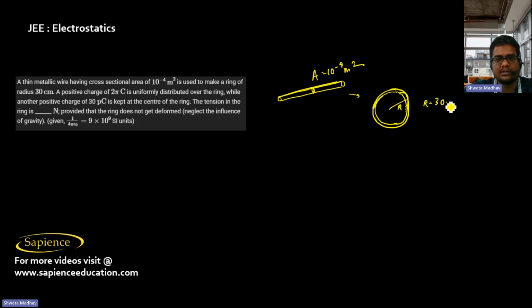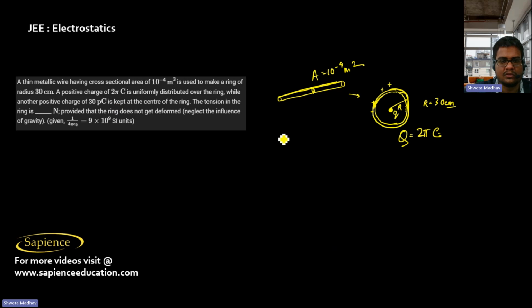And it is told a positive charge 2 pi coulomb is uniformly distributed over the ring, while another positive charge of 30 picocoulomb is kept at the center of the ring.